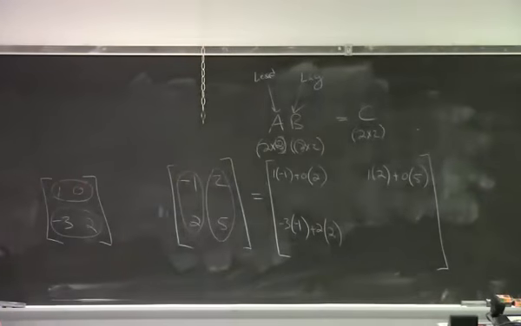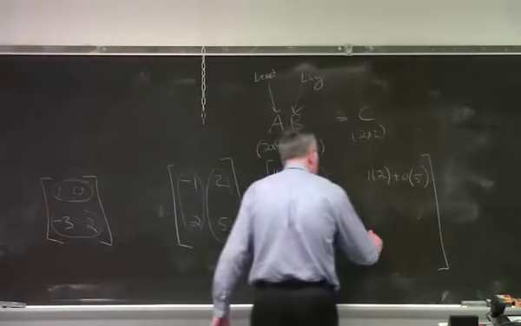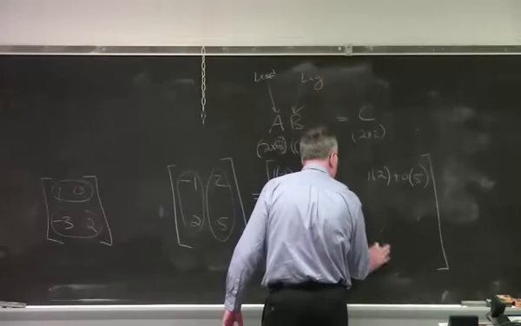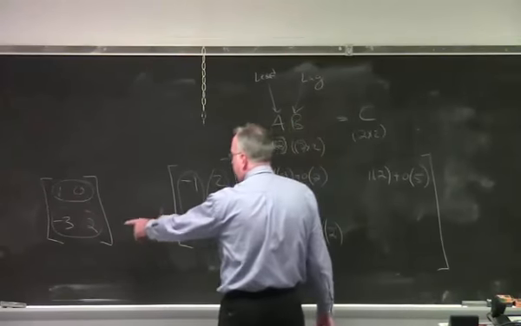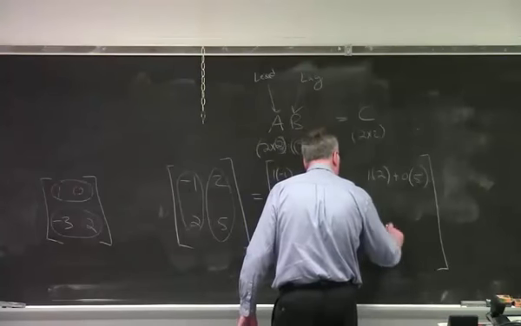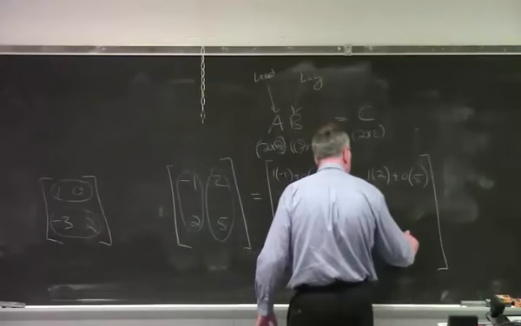Then we multiply the second row times the second column to get the last element. It gives minus 3 times 2 plus 2 times 5.